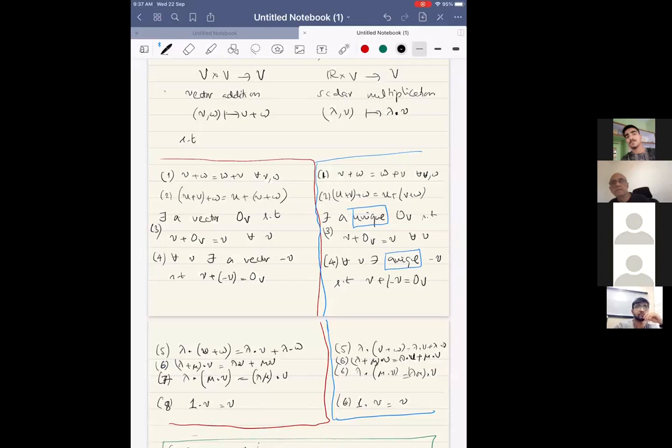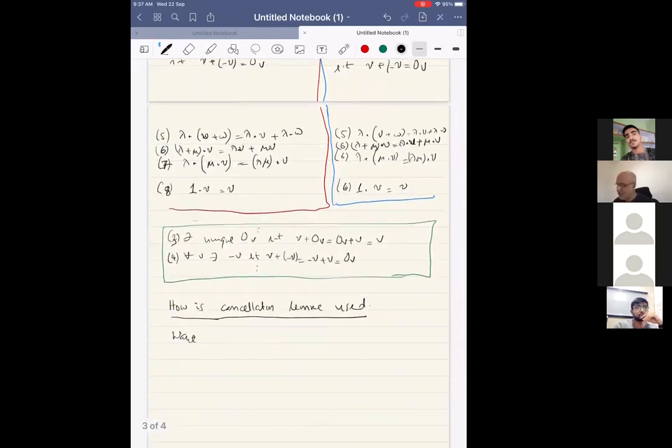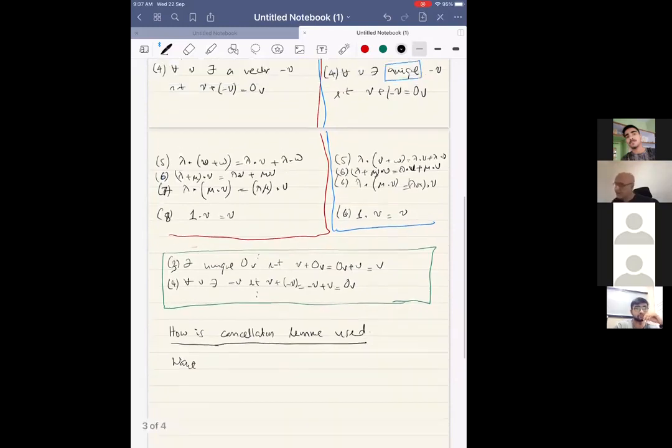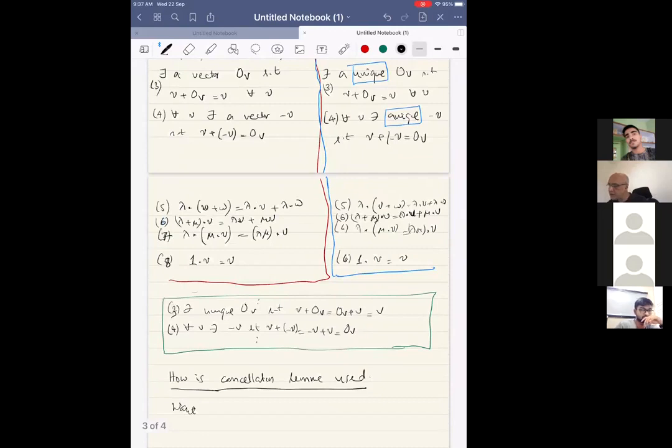Sir, she is asking about the difference between the blue and the green one, not the red and the blue. Okay. Yes. I am so sorry. Between blue and green, well, you haven't assumed uniqueness of inverse. No. So between, this should be unique. Yeah.